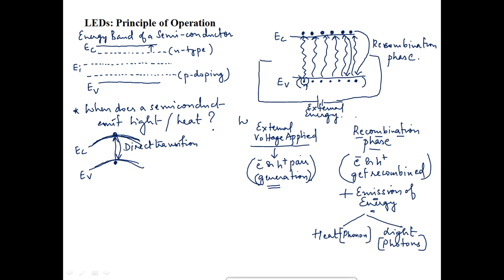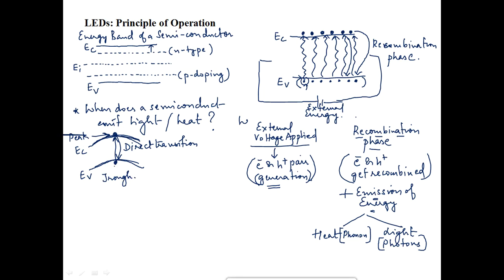A direct transition resembles almost a perpendicular movement. And we usually call this position the peak or valley, and this position the trough.